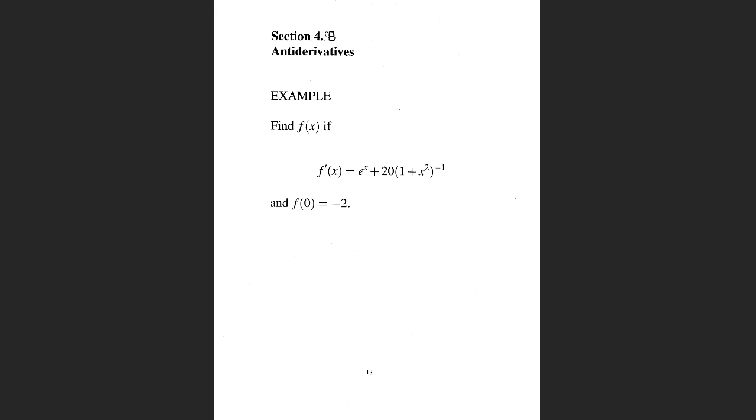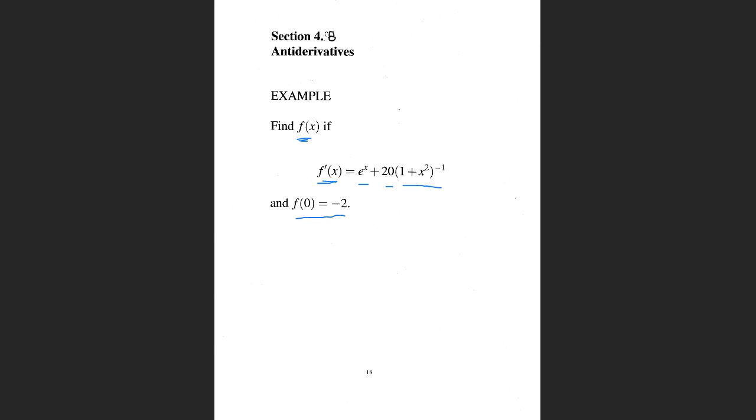Okay, so here in this problem, we want to find a function f whose derivative, f prime of x, is equal to e to the x plus 20 times 1 plus x squared to the negative first. And in addition, we're going to be given what's called an initial value.